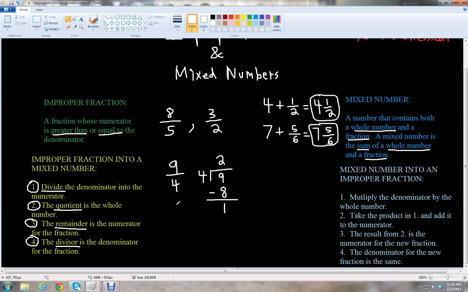So we're going to say that 9/4 is equal to the whole number 2, and then the numerator, the remainder 1, over the denominator, our divisor 4. So we have the mixed number 2 and 1/4.